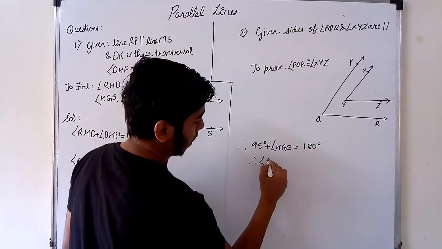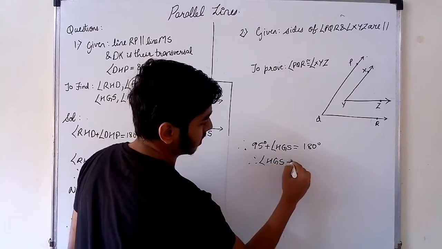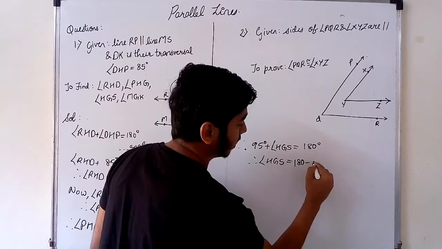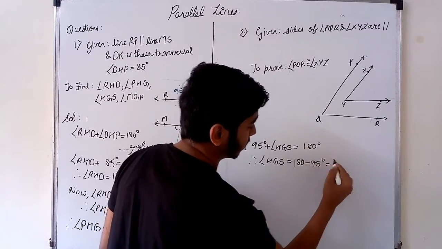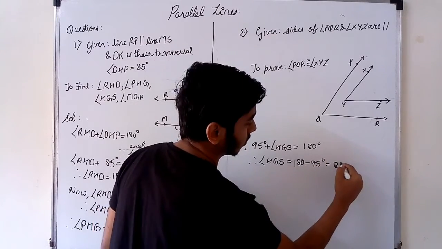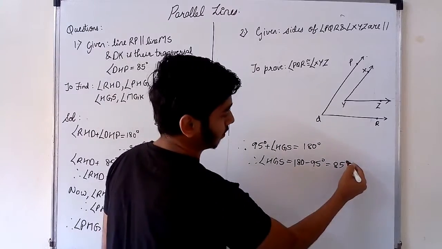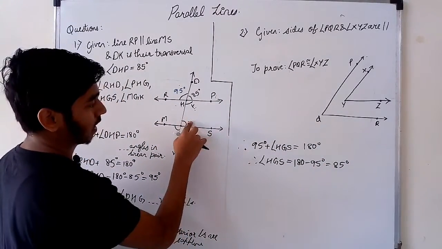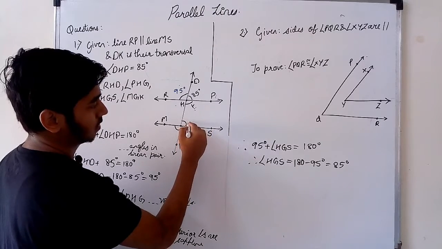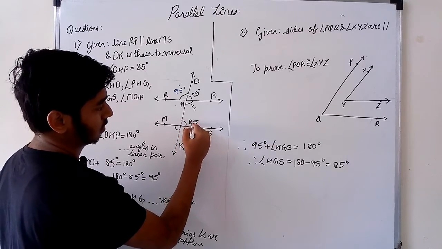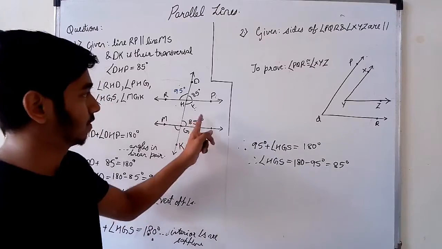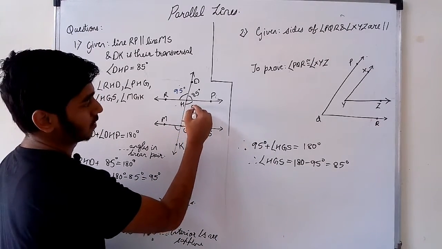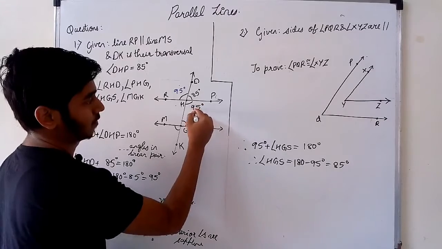Therefore, HGS, 95 goes on the right hand side, so it becomes 180 minus 95, which is equal to 85. Correct? So HGS, this angle is 85, and this which we found is 95.